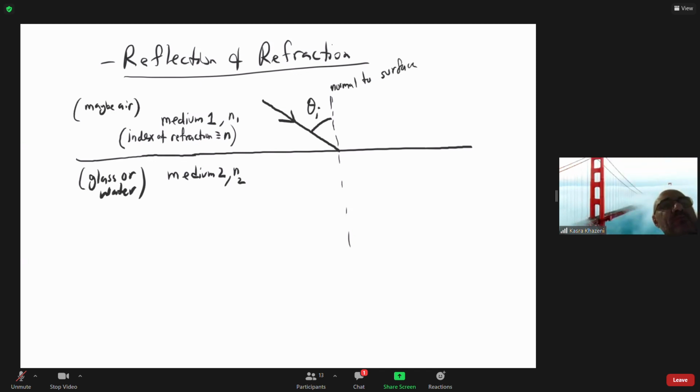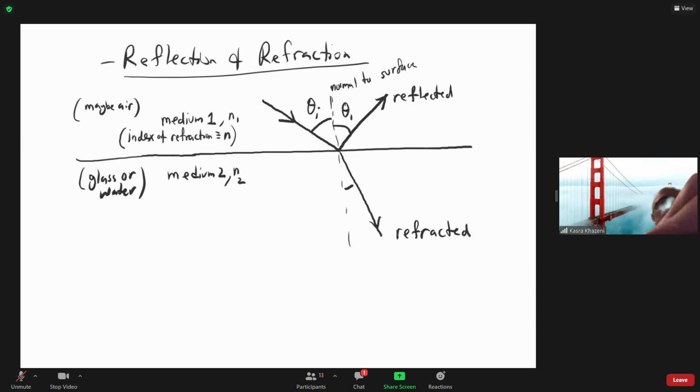What happens here is that the light gets reflected first. This is, let's call it, medium 1, reflected. And then it also refracts in. This is refracted.